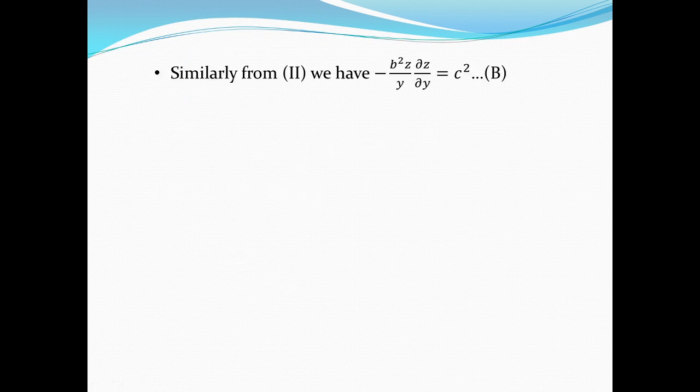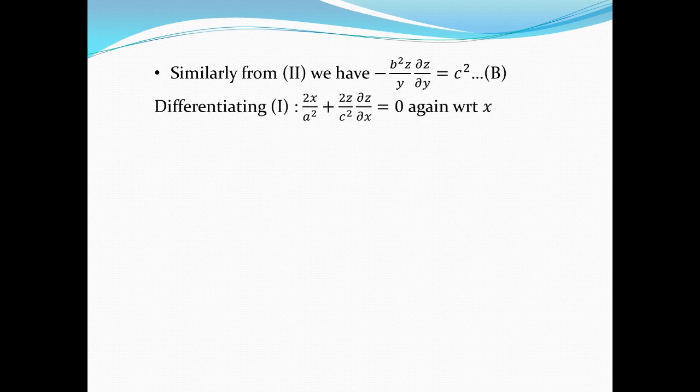Now similarly from the second equation, we'll get minus b square z by y dou z by dou y equal to c square. Differentiating the first equation again with respect to x, this is the first equation, I've written it again. Here we are cancelling out the 2's, 2 is common. Remaining the first term, when we differentiate with respect to x, we'll get a 1 by a square.